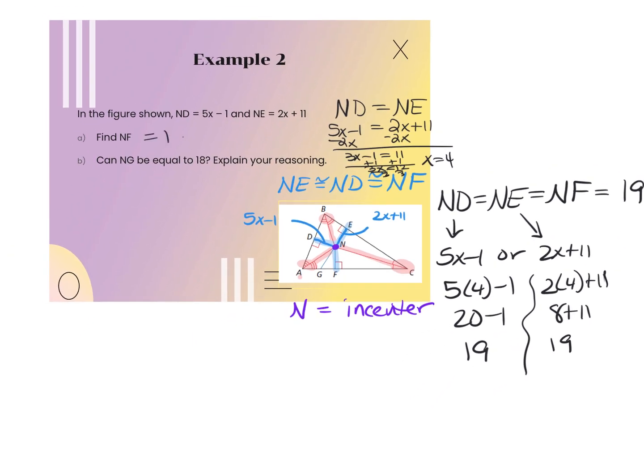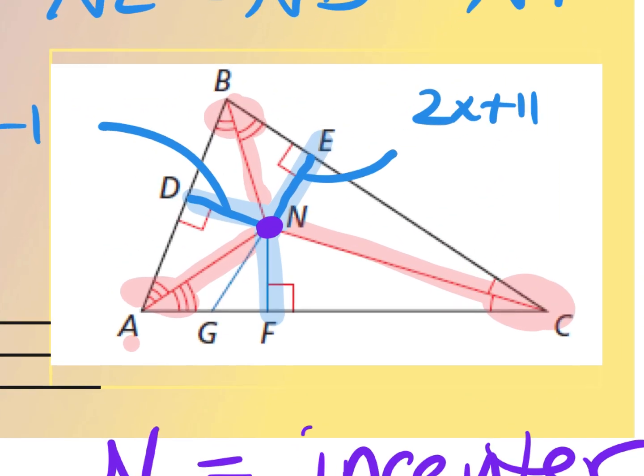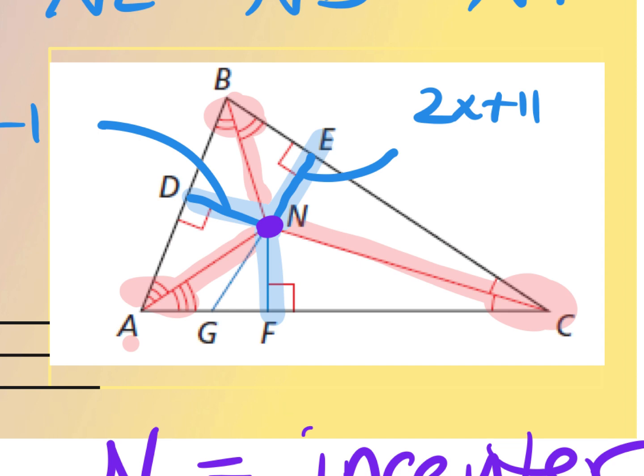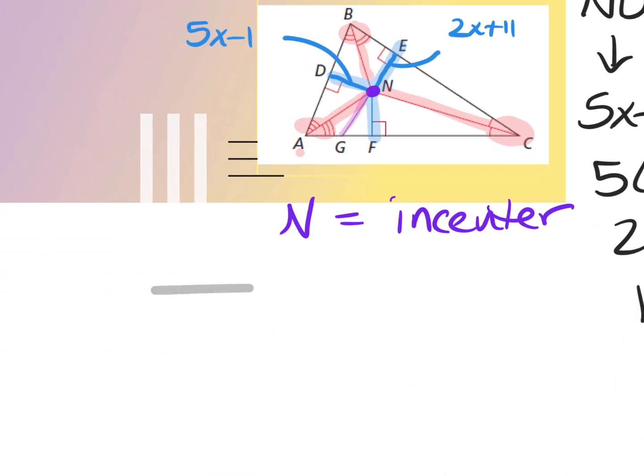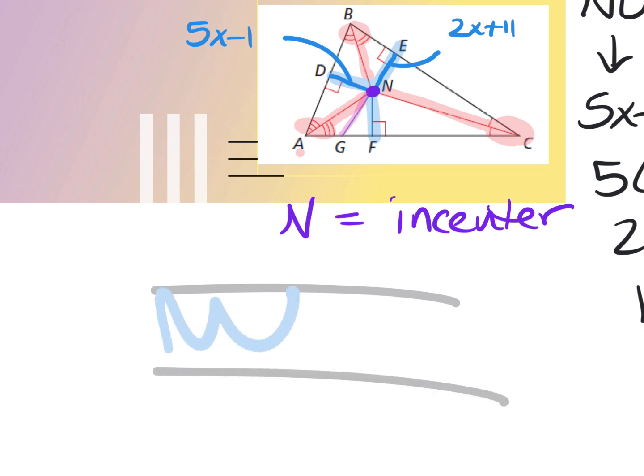So NF is 19. Now for the next one, it says, can NG be equal to 18? So let me zoom into the picture here. NG is right here, this little segment. Remember, the perpendicular segment is always the shortest distance. Remember my alligator-infested river example? Here's the river.